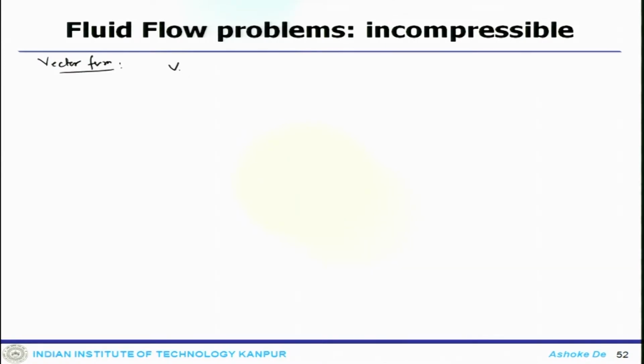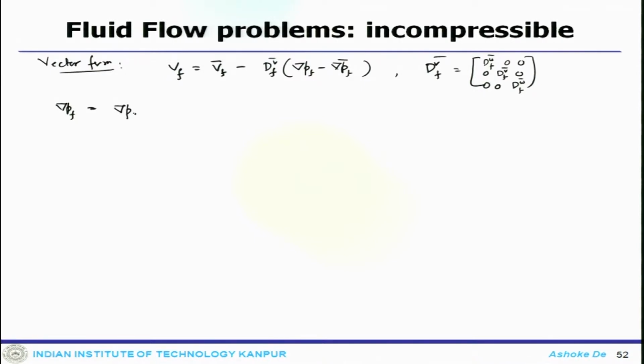If you write in a vector form, you can write V_f equals to V_f bar minus D_f^V bar (delta P_f minus delta P_f bar), where D_f^V bar equals a matrix which is D_f^U 0 0, 0 D_f^V bar 0, 0 0 D_f^W bar, and delta P_f is calculated as delta P_f bar plus (P_F minus P_C by d_CF) minus delta P_f bar dot E_CF, and this is E_CF.